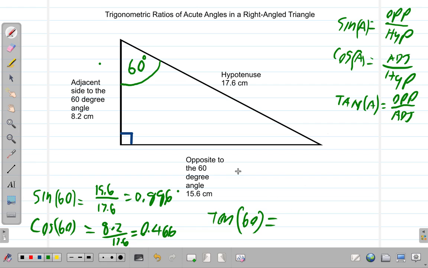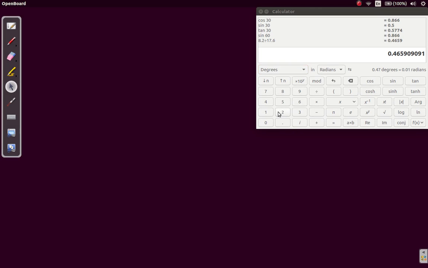Tan 60 is the side opposite to it, 15.6 it measures, divided by the adjacent, which is 8.2. 15.6 over 8.2. So 15.6 divided by 8.2 equals 1.9.